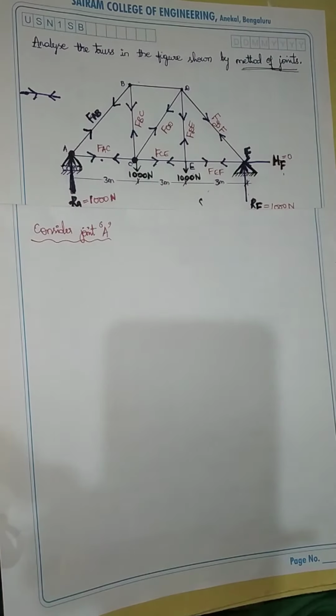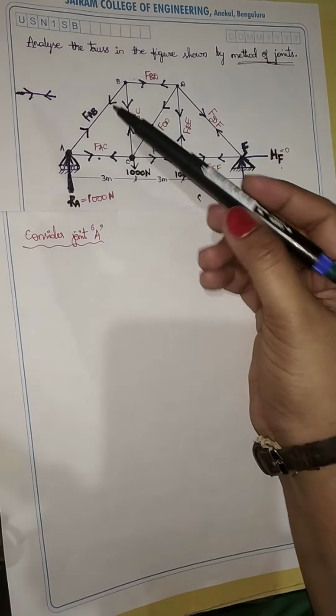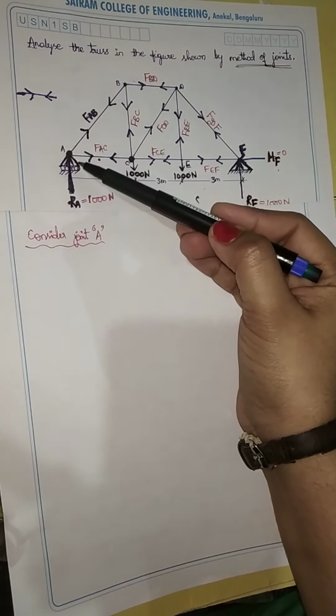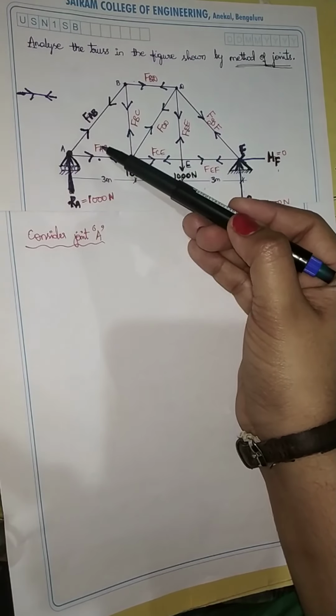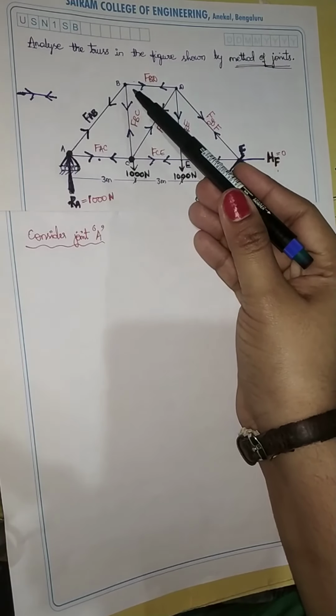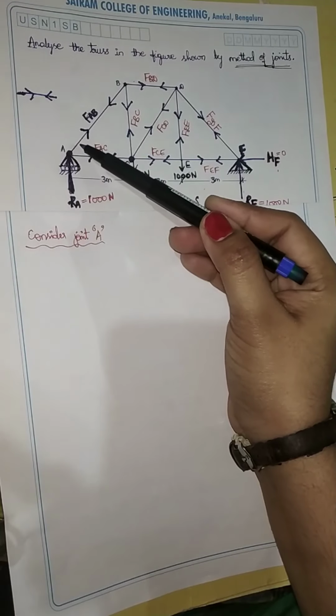So here I am going to select joint A first. You can see how many members are acting at joint A. Before that, guys, you have an inclined force here, right? This is your inclined force. First we will find the angle BAC. We need an angle here.